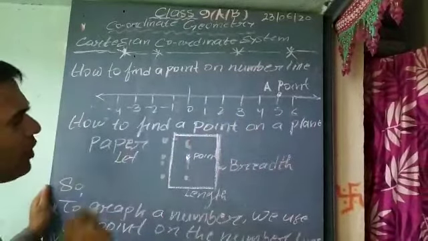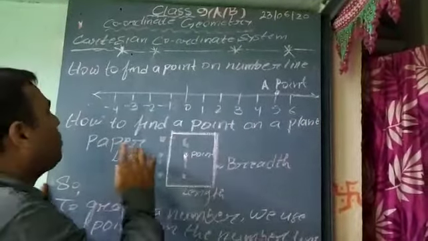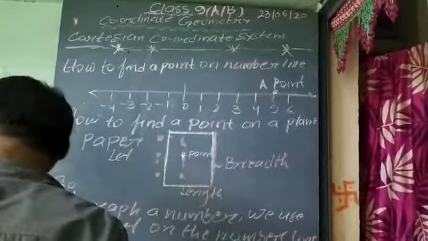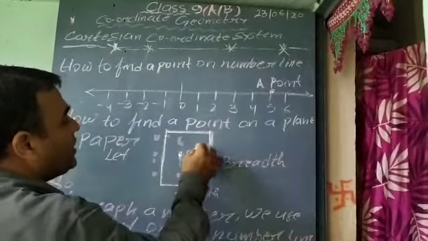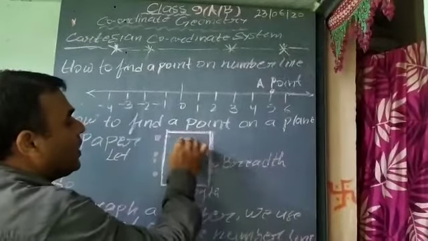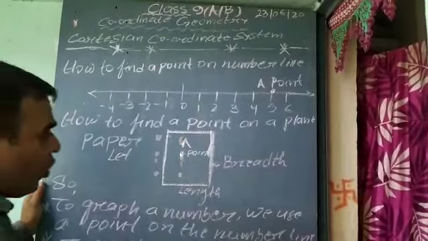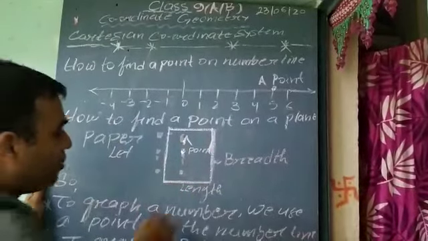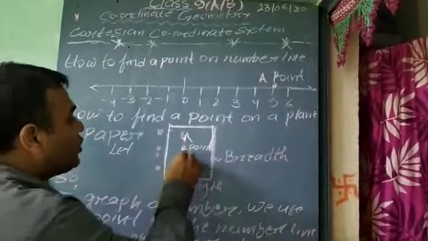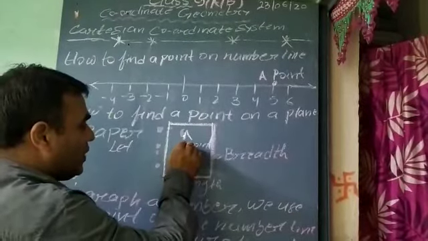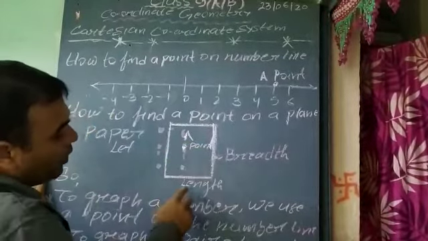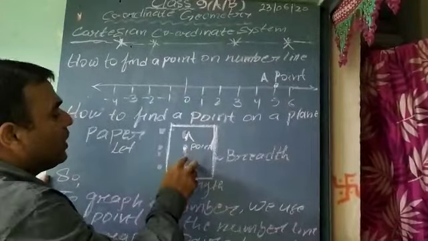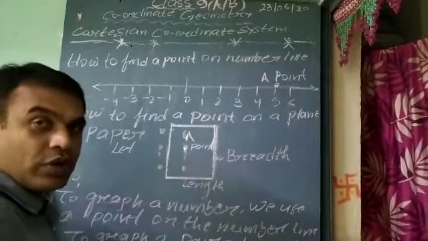Now how do we find a point on a plain paper? Let me denote a point on a plain paper, the point A. From one side of the paper, the length side, its distance is about 9 centimeters.